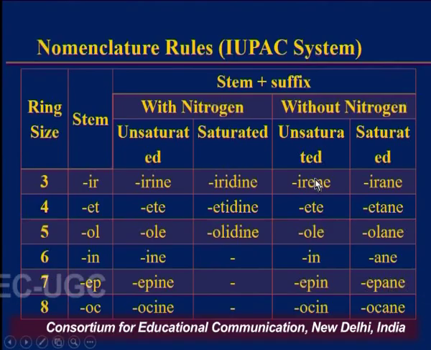For the unsaturated system, if the ring is 3-member, then irene will be the suffix, ete for the 4-member ring, ole for the 5-member ring, ine for the 6-member ring, epine for the 7-member ring, and ocine for the 8-member ring. Similarly, without nitrogen in a saturated system: irane for the 3-member ring, etane for the 4-member ring, olane for the 5-member ring, ane for the 6-member ring, epane for the 7-member ring, and ocane for the 8-member ring.